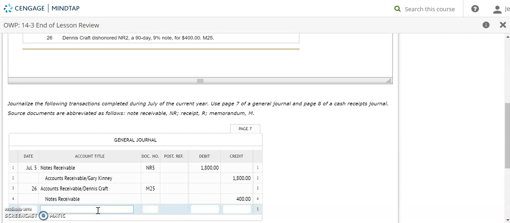But remember, I also have to look at the interest income. Now, I earned this interest income even though I have not received it. So I'm going to put in that credit of interest income. I do need to figure that out. So I'm going to take my principal amount times the percentage of 9% times that fraction.